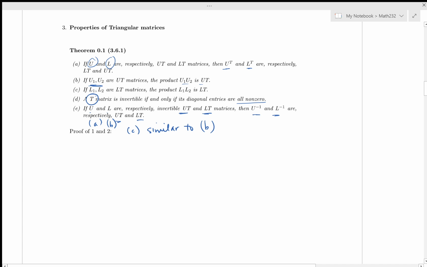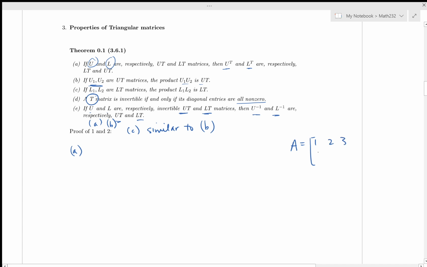Okay, so let's take a look at A. It's basically saying that if we have a matrix, just as an example here, if we have a matrix A that is upper triangular, let me draw that, 1, 2, 3.